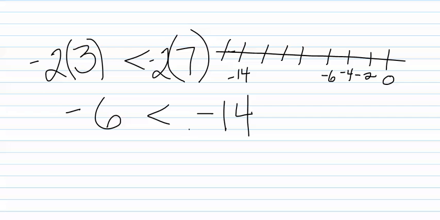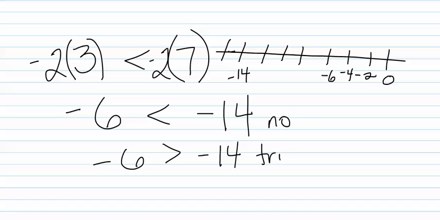So when I multiplied both sides of the inequality by a negative number, it caused my inequality to become false. And in order to make it true, I have to change the direction of the symbol. Now, this is a true statement, and we want it to be a greater than symbol.